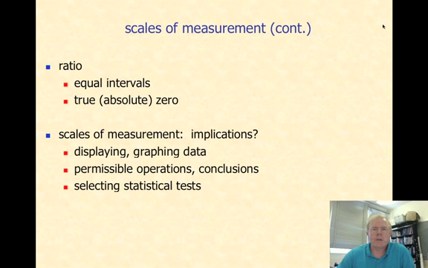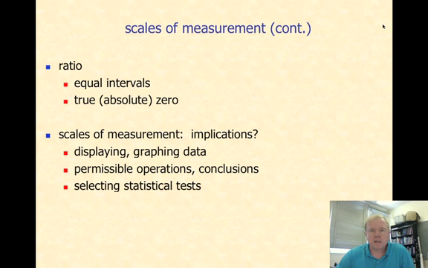So these are all important in allowing us to draw valid conclusions and to select the correct sort of statistical test. It's extremely important that you remember what kind of a variable you're referring to, because it's very easy to do things that don't make sense.